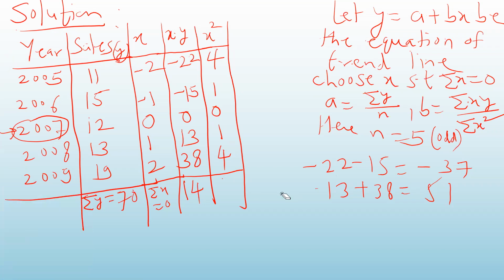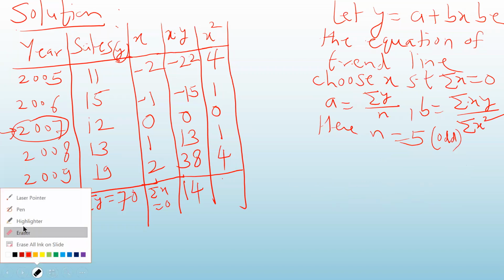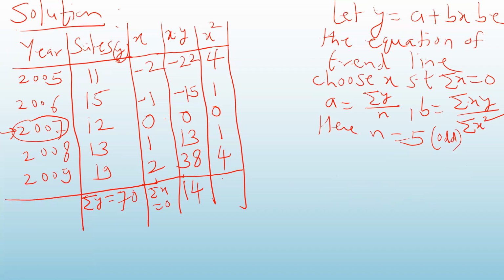I'm explaining here how to use the calculator to find the sum of the XY column. Look at my first figure in X into Y. It is minus 22, correct? So you first press 22 on your calculator, and you will get 22 on your screen. But I want 22 with a minus sign, so you have to change the sign. This key is there in your calculator.